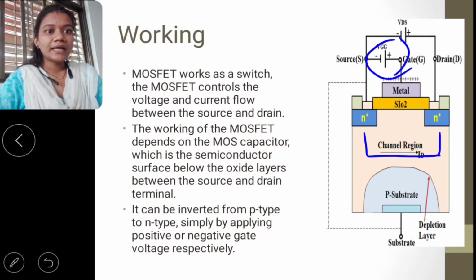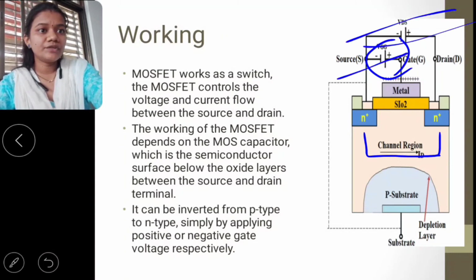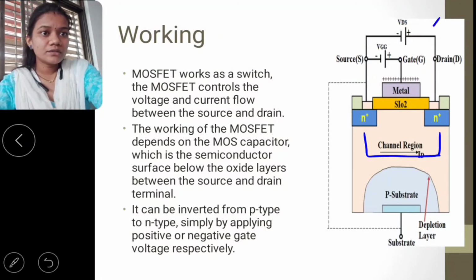So by applying positive or negative voltage respectively, it can be inverted. This is your supply VDS, it is nothing but the VGG, not your capacitor. This is the supply voltage.